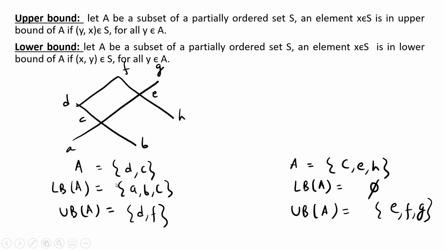So A is in the lower bound. Then B is related with C and related with D also. So it is in the lower bound.